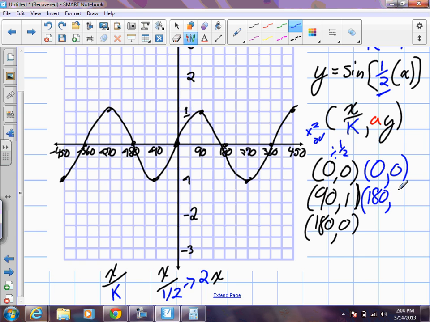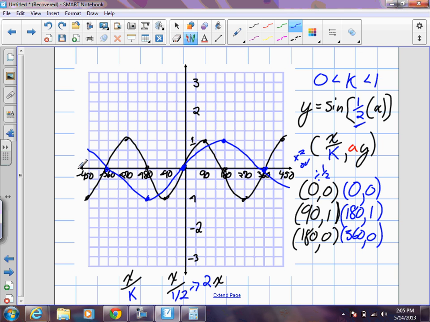And 180 times 2 will be 360 and 0. So if you notice this, we're at 0, 0, 180 and 1, 360 and 0. This has been horizontally stretched from where it originally was. So we've now horizontally stretched our graph when our K value is less than 1.